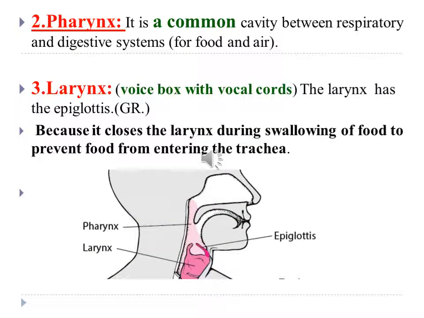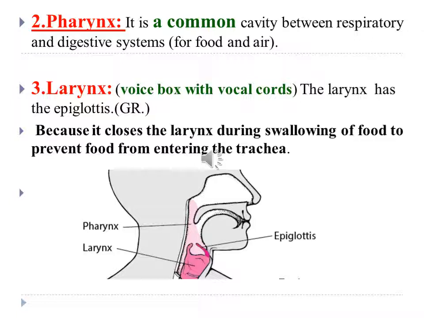Second, pharynx. It's a common cavity or opening between the respiratory system and digestive system. So we can find it in both systems, respiratory and digestive. Third, larynx. It is called the voice box. It contains our vocal cords which help us to talk. The larynx has epiglottis.